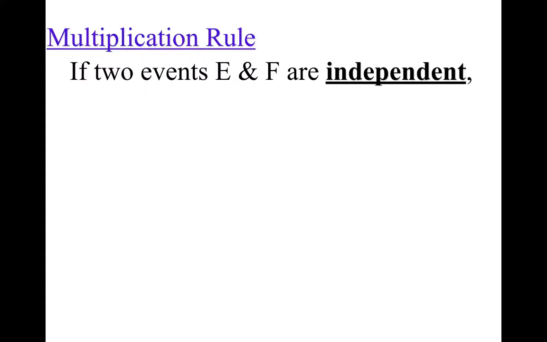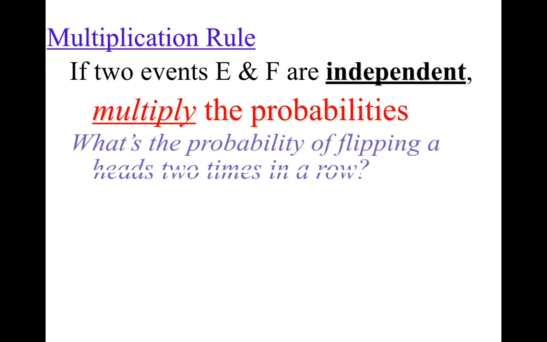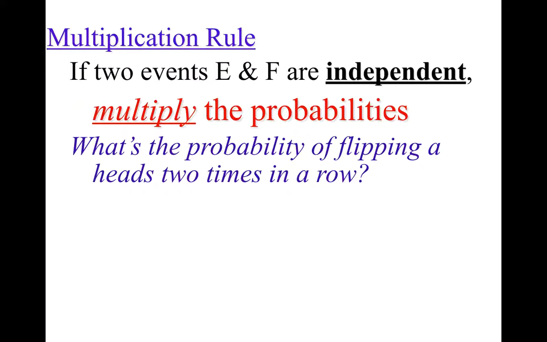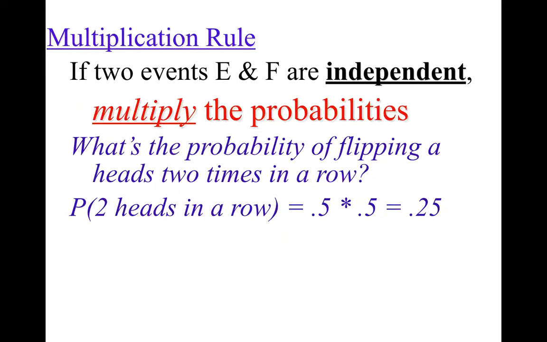When you do have independent events, such as two coins flipping or two dice being thrown, you multiply the probabilities. We did this again a couple days ago. Quick example: what's the probability of flipping heads two times in a row? Each flip is totally independent, therefore we multiply the probabilities. So the probability of two heads in a row is 0.5 times 0.5, or 1/2 times 1/2, which is 1/4, or 0.25.